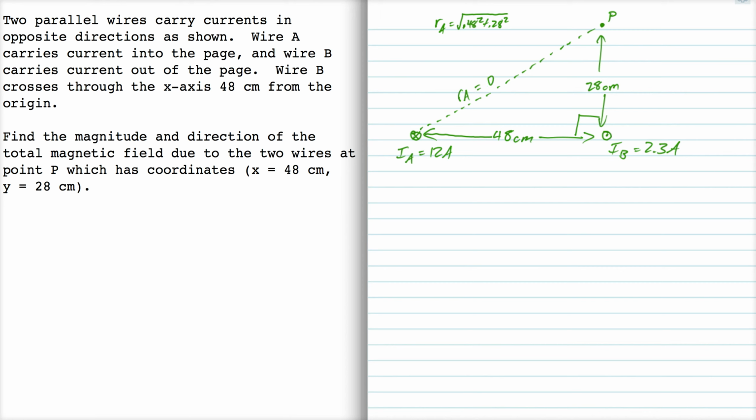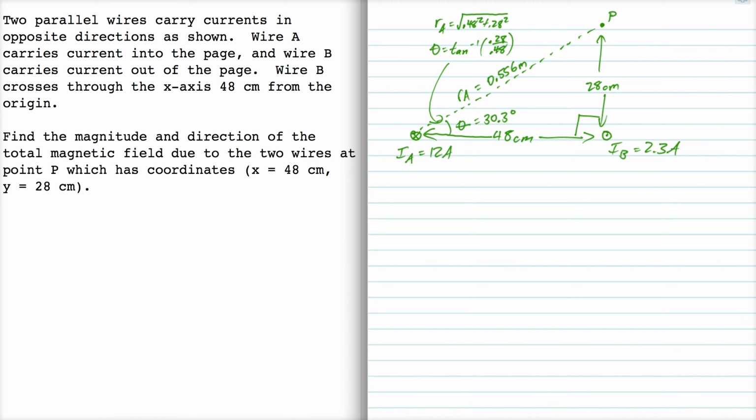So that's 0.556 meters. And this angle theta here, well, theta is inverse tangent of 0.28 over 0.48. Okay, and that works out to be 30.3 degrees.